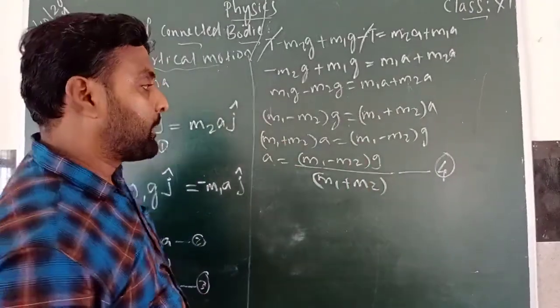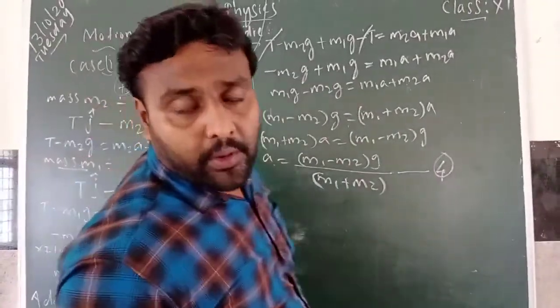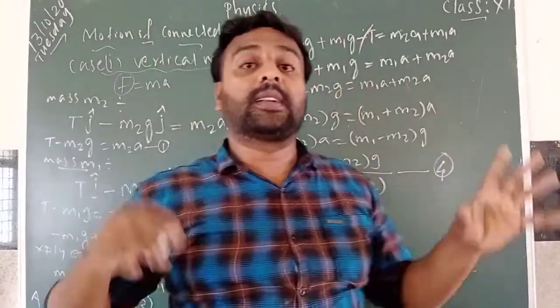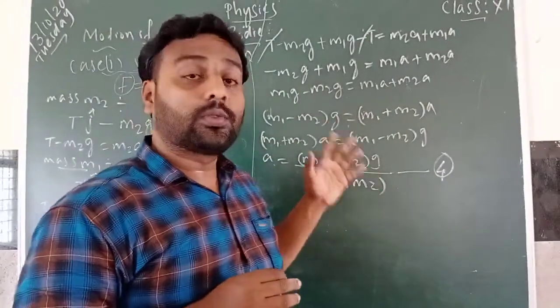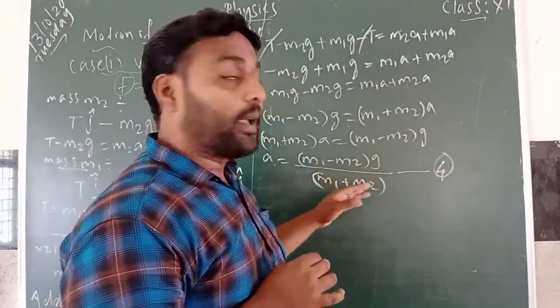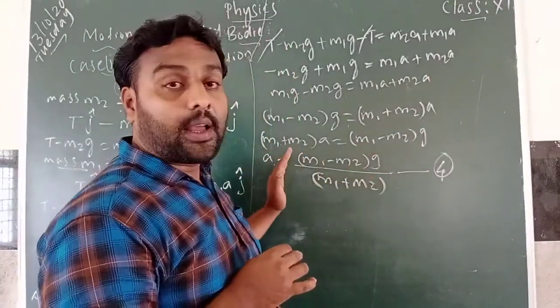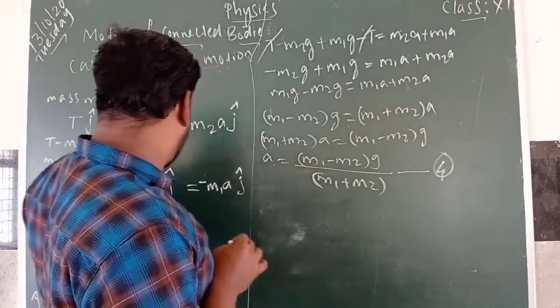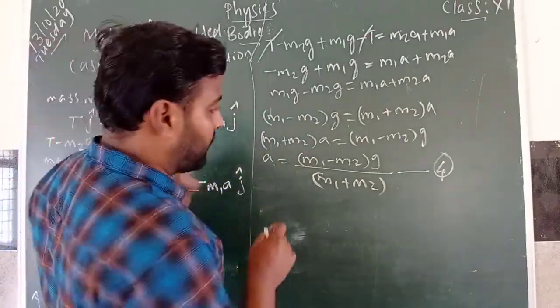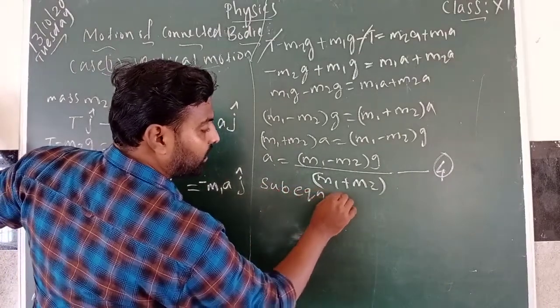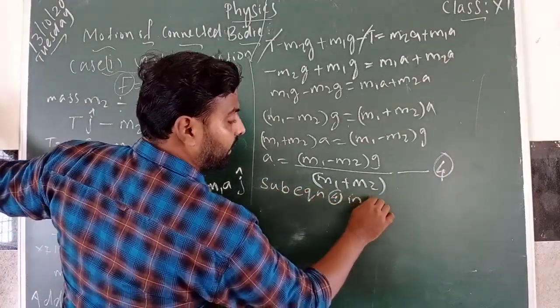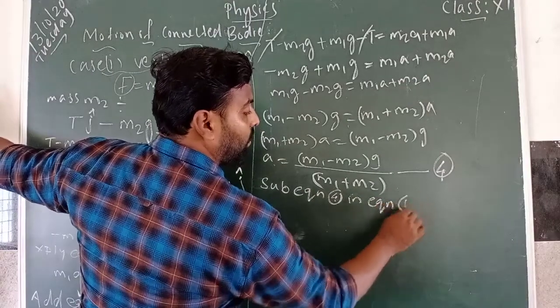Cross multiplication. Now you have to find out the tension. To find out the tension, just substitute this acceleration value in equation 1. So substitute equation 4 in equation 1.